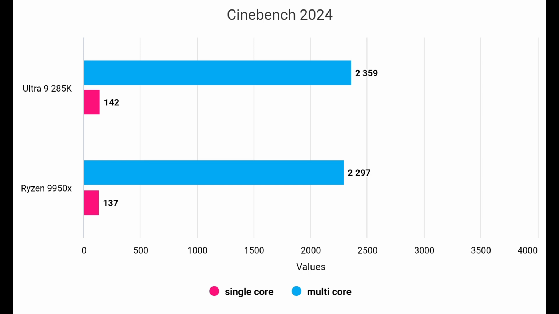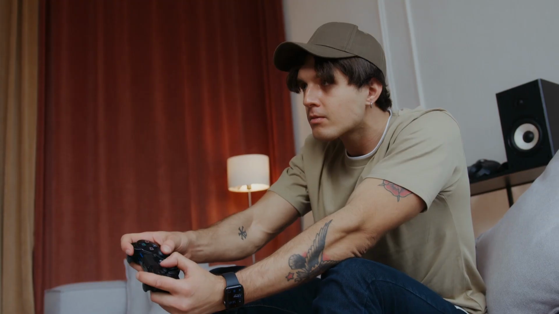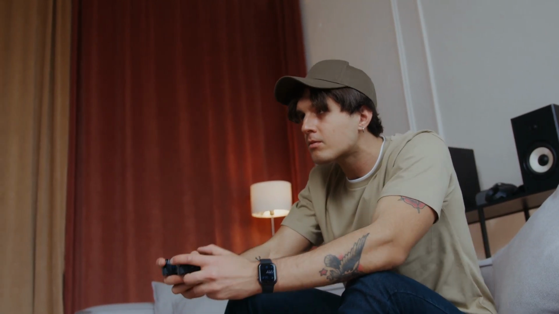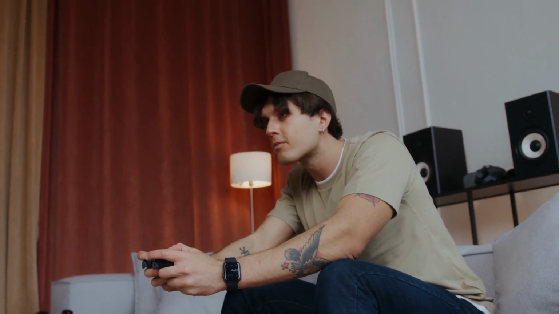Multi-core score: Ryzen 9 9950X is 2,297, and Intel Ultra 9 285K is 2,359. You can notice some degree of improvement in the Ultra 9 285K. It may be a result of the transistor count gap.